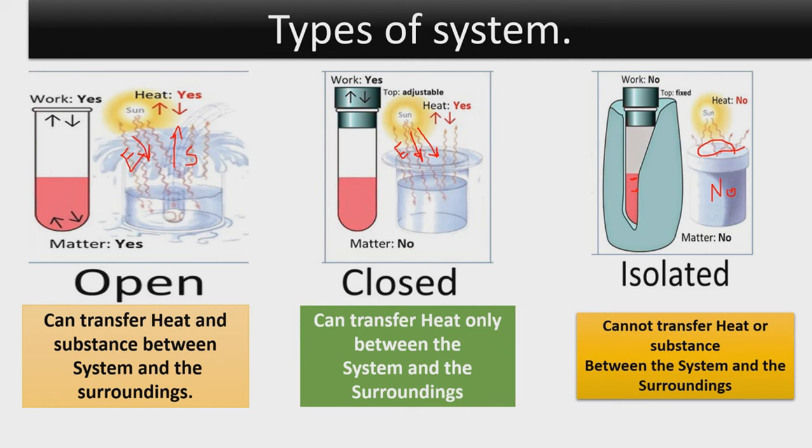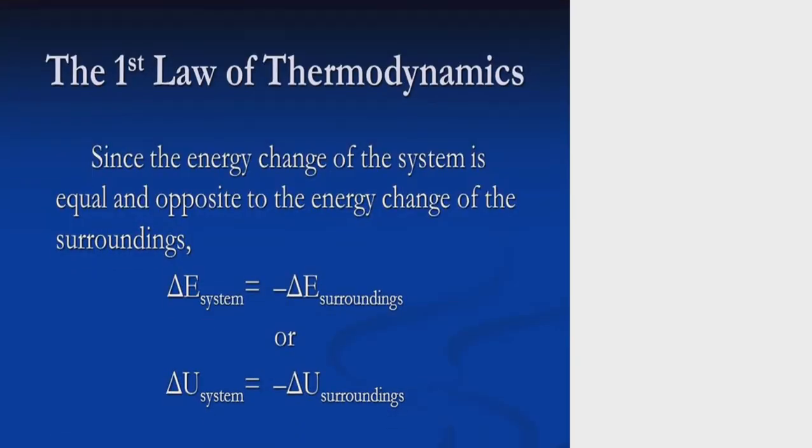So we can say that the first law of conservation of energy is that energy cannot be destroyed, energy cannot be created, and energy can only be converted from one form to another form. In another way, the first law says that if the system loses energy, the surroundings will accept energy with equal value.